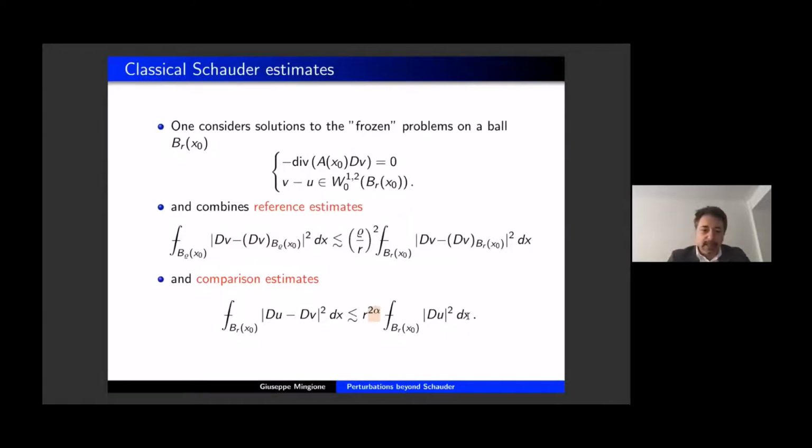And then, since these two estimates are homogeneous, you see square here, square here, square here, square here, then you can combine them and iterate them. That's the core point. The fact that these estimates are homogeneous is a direct consequence of uniform ellipticity. That's why for non-uniform ellipticity, all these techniques fail.